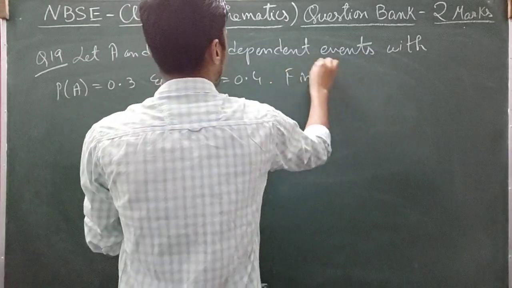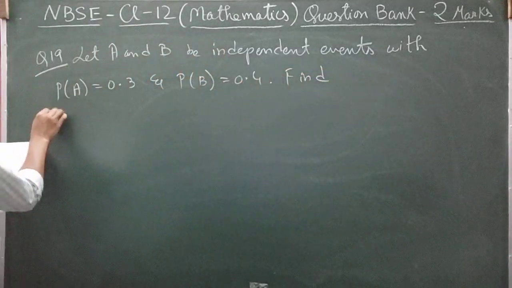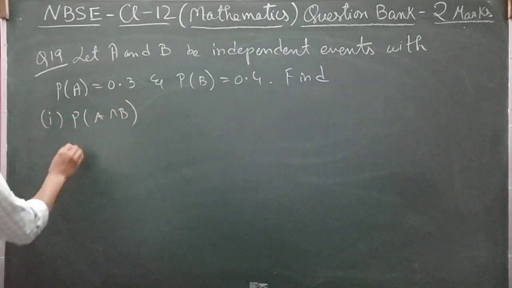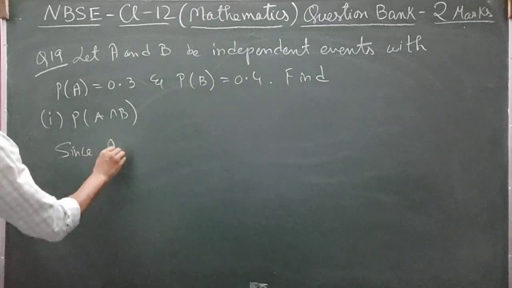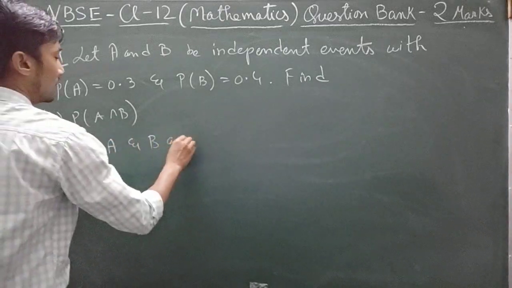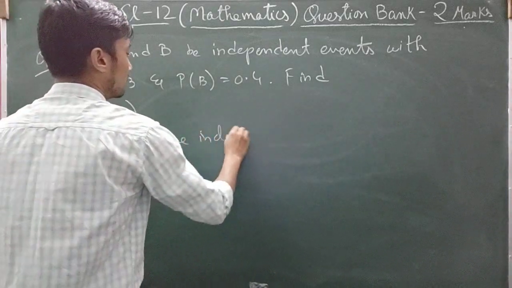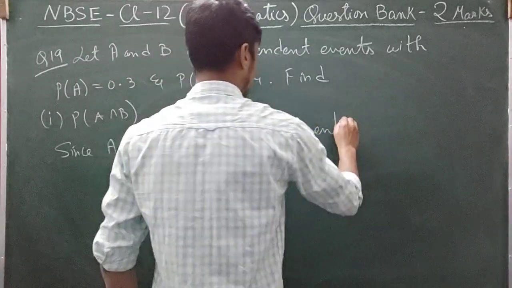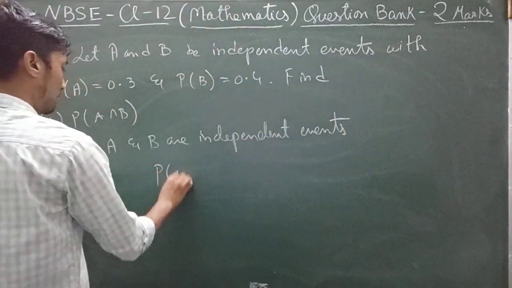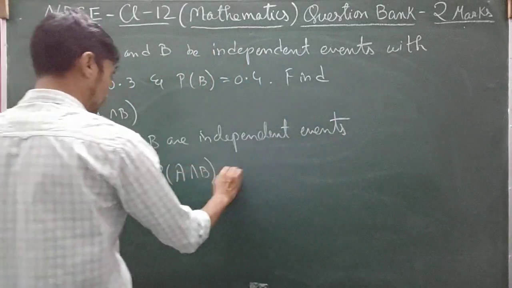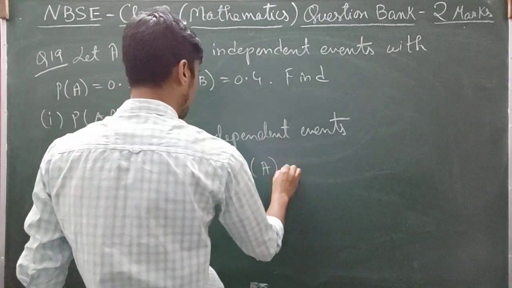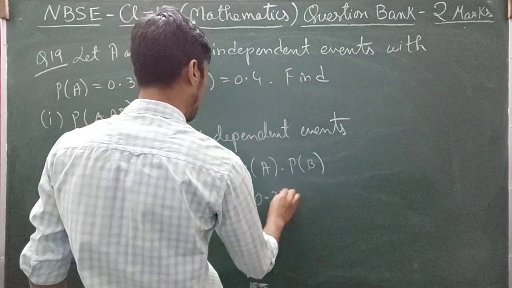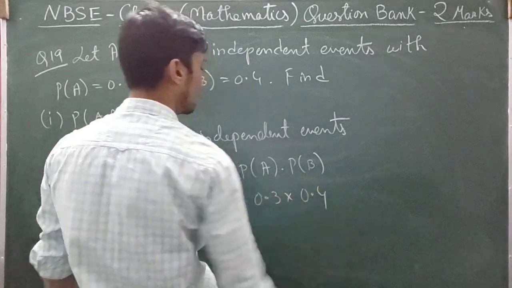The question is to find, I'll start with number 1, probability of A intersection B. Now that's very simple because A and B are independent events. Probability of A intersection B will be probability of A into probability of B. So that's going to be 0.3 into 0.4.